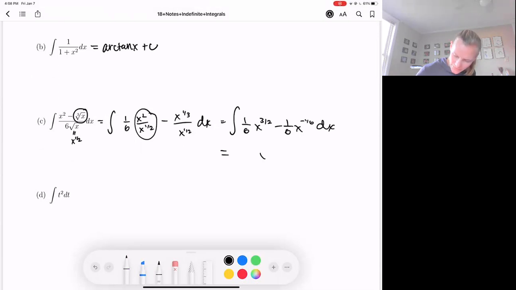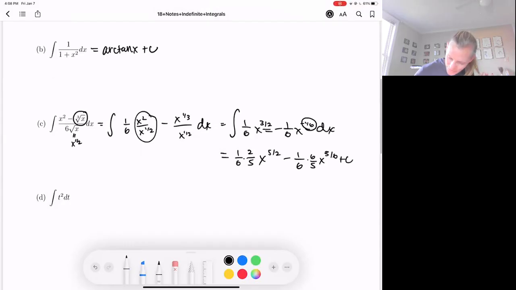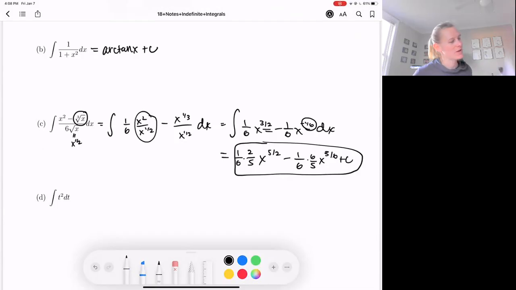And so now when I antidifferentiate, if I add 1 to this exponent, I get 5/2. I multiply by 2/5, and I still have that 1/6 up front. For the 1/6, when I add 1 to that exponent, I get 5/6. I multiply by the reciprocal, so I multiply by 6/5, and I add c. You can certainly simplify those coefficients, but I'm being lazy right now, so I'm not going to.